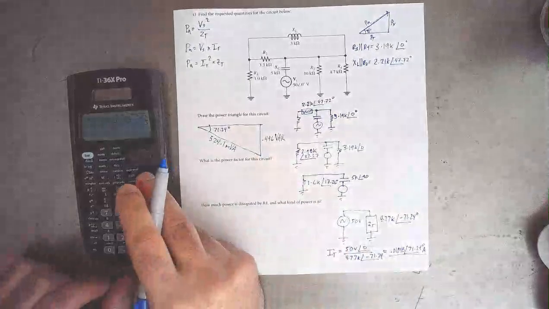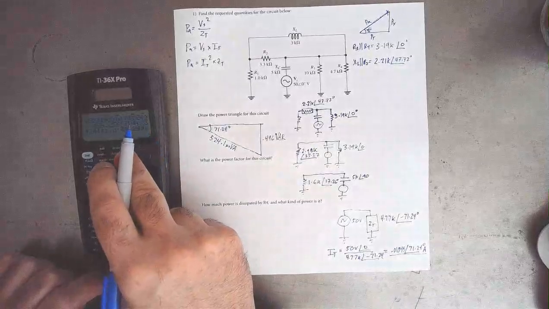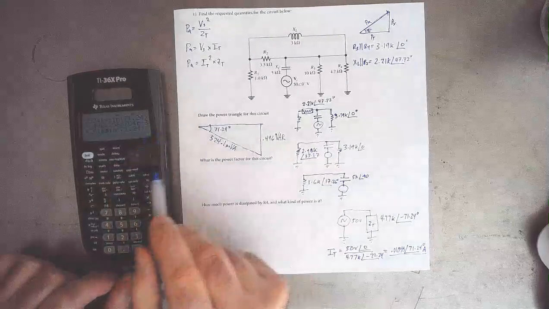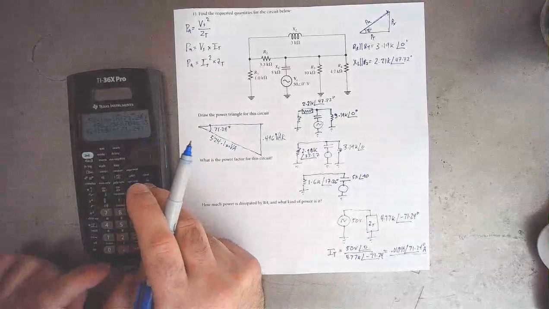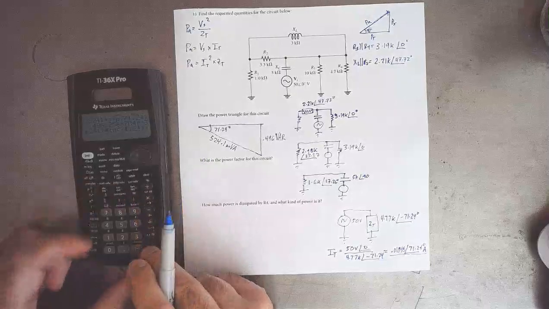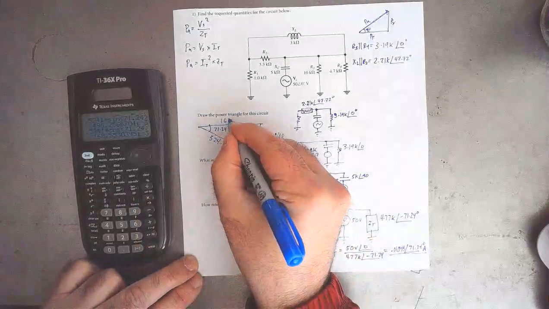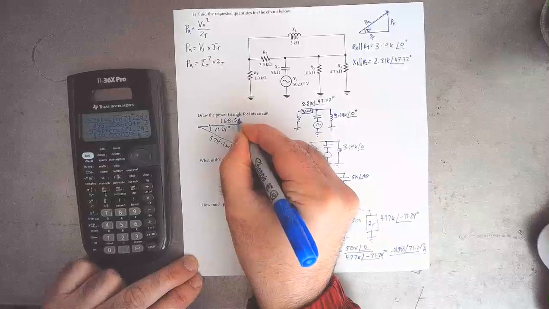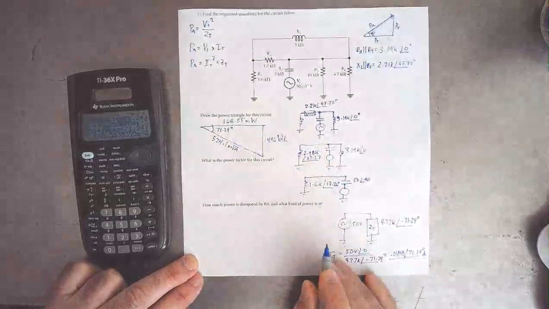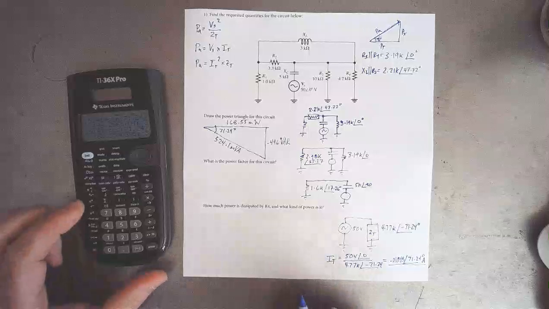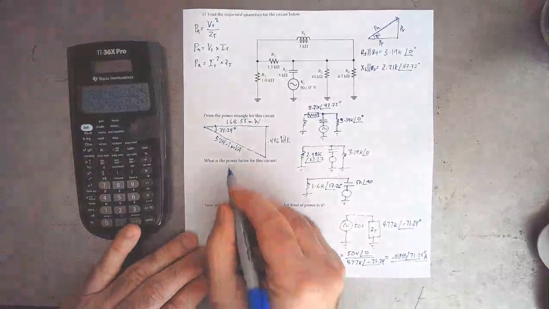And let's see what the true power is here. So the true power is going to be the apparent power times cosine of theta. So let me change the sine to a cosine here. That is giving me 168.55 milliwatts right there.